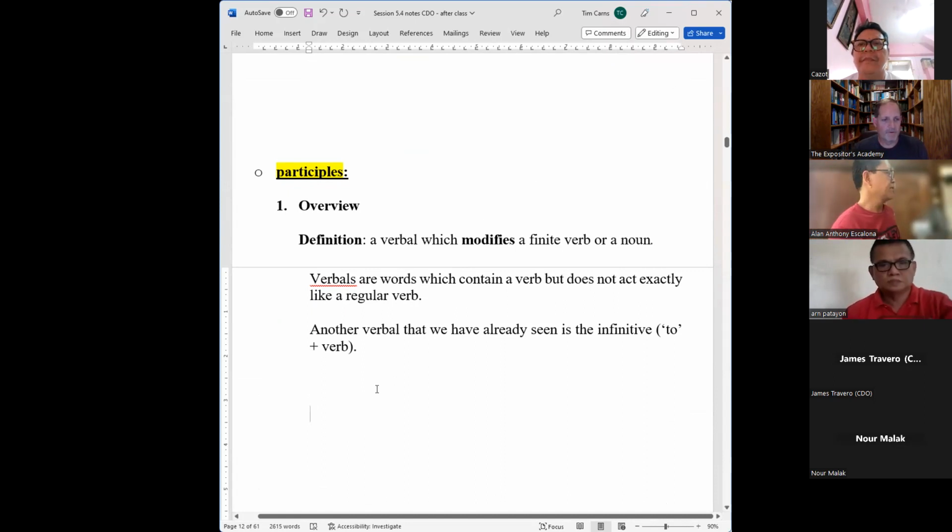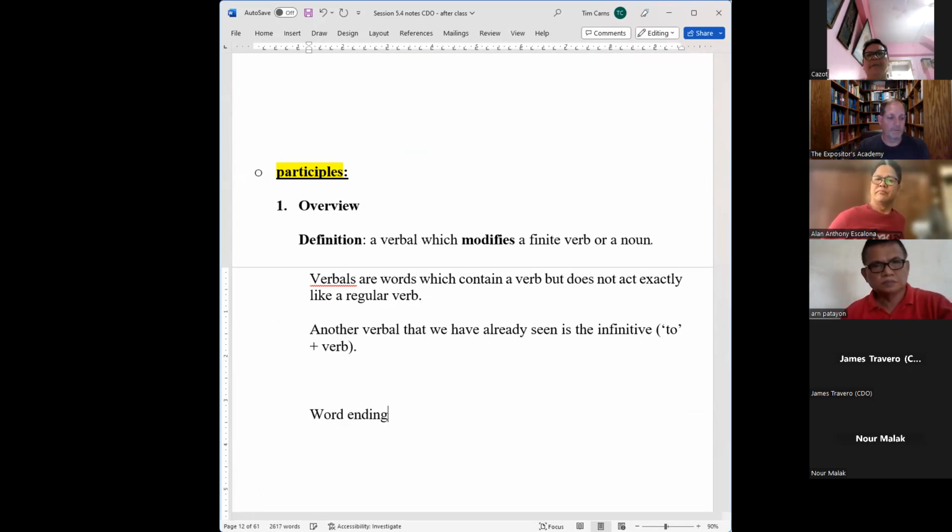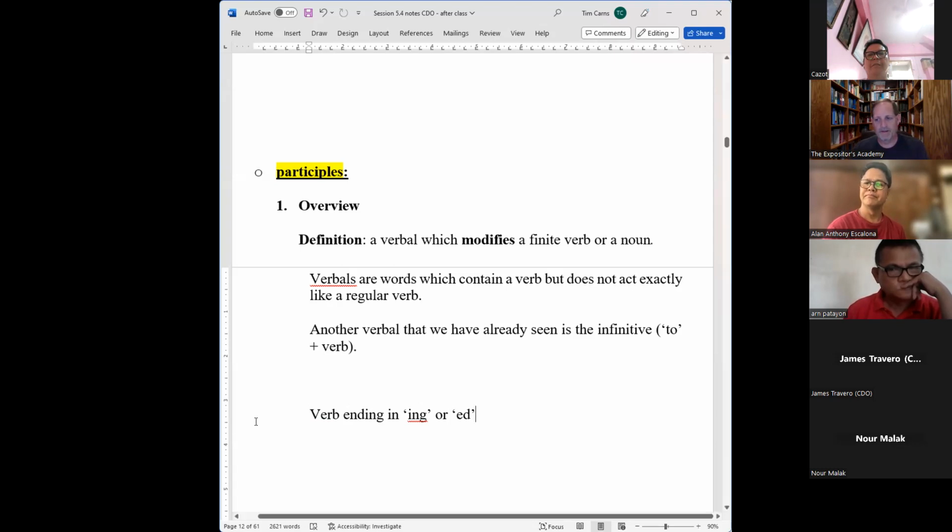If you remember, a participle is a verb ending in ing or ed. But not all verbs that end in ing or ed are participles, and this is why it's tricky. A participle is a verbal that modifies another verb or a noun.